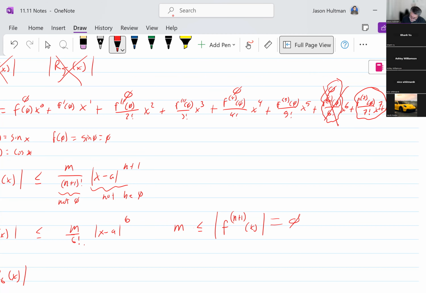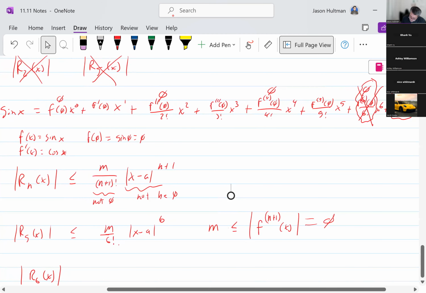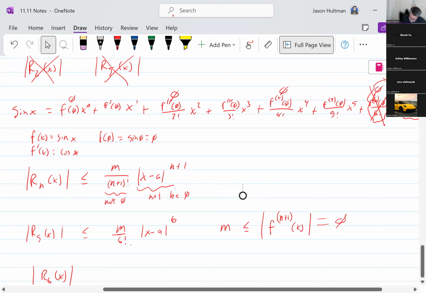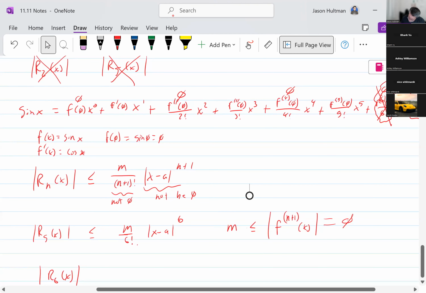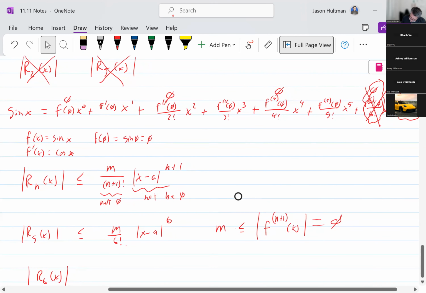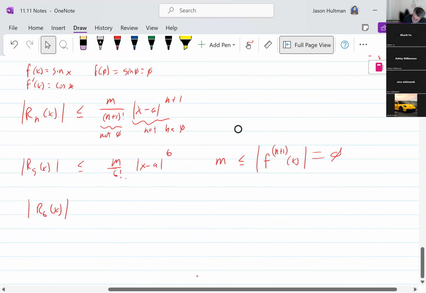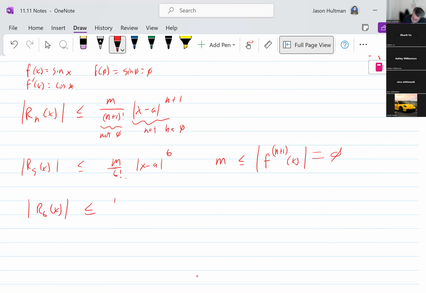Well, let's just follow the pattern. Okay, the pattern for sine. What is the pattern for sine? Okay. So what is this going to be? This is going to be R6 of x is less than or equal to m over 7 factorial, x minus 0 to the 7th power, okay?